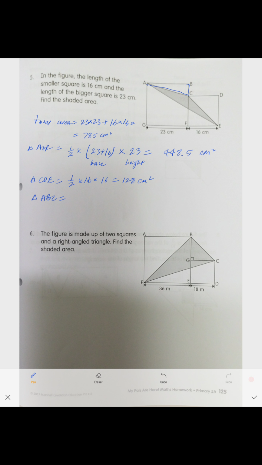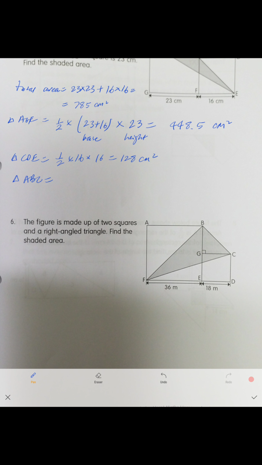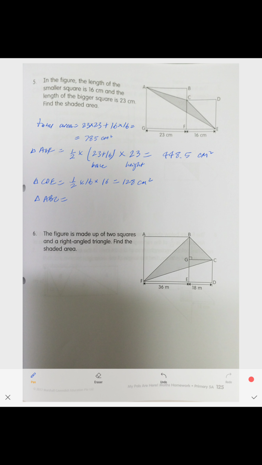And lastly, the area of triangle ABC. This small triangle ABC, right? One side of it is the same as the side of the square, and this small piece is actually the side of 23 minus the side of 16. You can see this, this one minus this one.